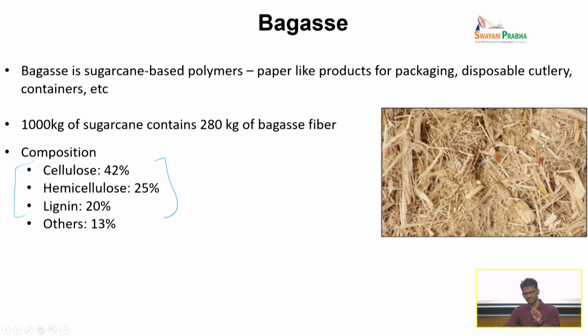You've got the cellulose, which are linear molecules of glucose repeating units. Then you have hemicellulose, which is an amorphous branched chain containing many kinds of sugar, xylose, galactose, glucose. Then you have lignin, which is an aromatic, amorphous, hydrophobic molecule, which kind of binds these materials together.